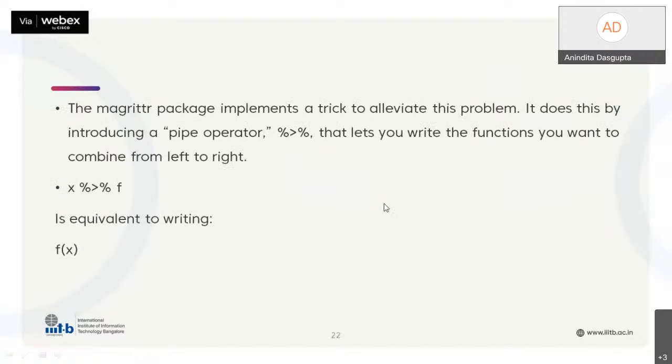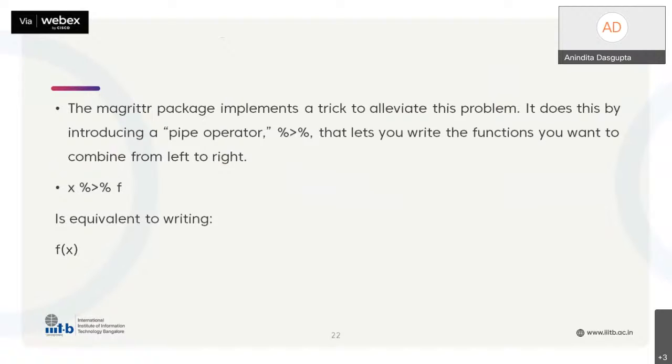There is also a package called the magrittr package. Both dplyr and magrittr should be installed and called in the library, because these work together. The pipe operator, which I'll be showing you, lets you write the functions you want to combine from left to right.